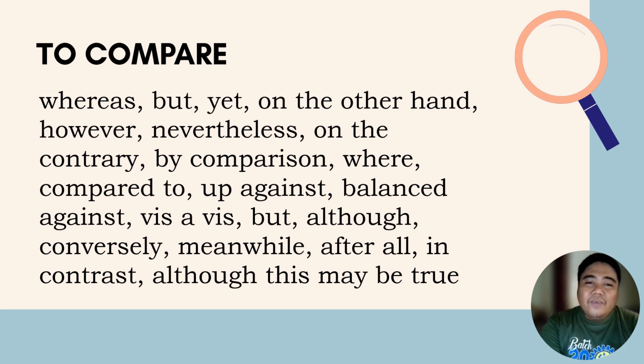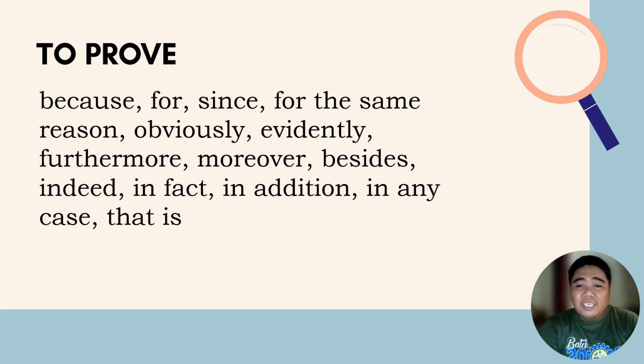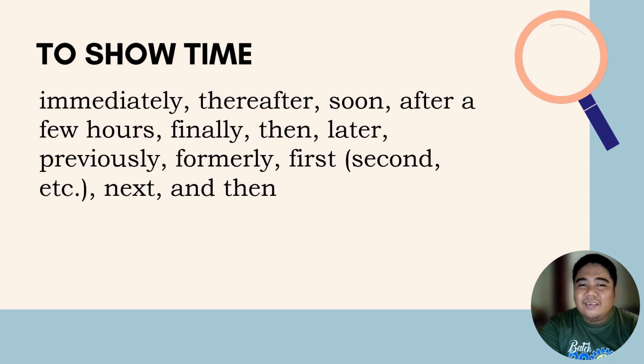Okay? We can also use transitional devices if we want to prove something or give a reason. For example, because, for, since, for the same reason, obviously, evidently, furthermore, moreover, besides, indeed, in fact, in addition, in any case, that is.